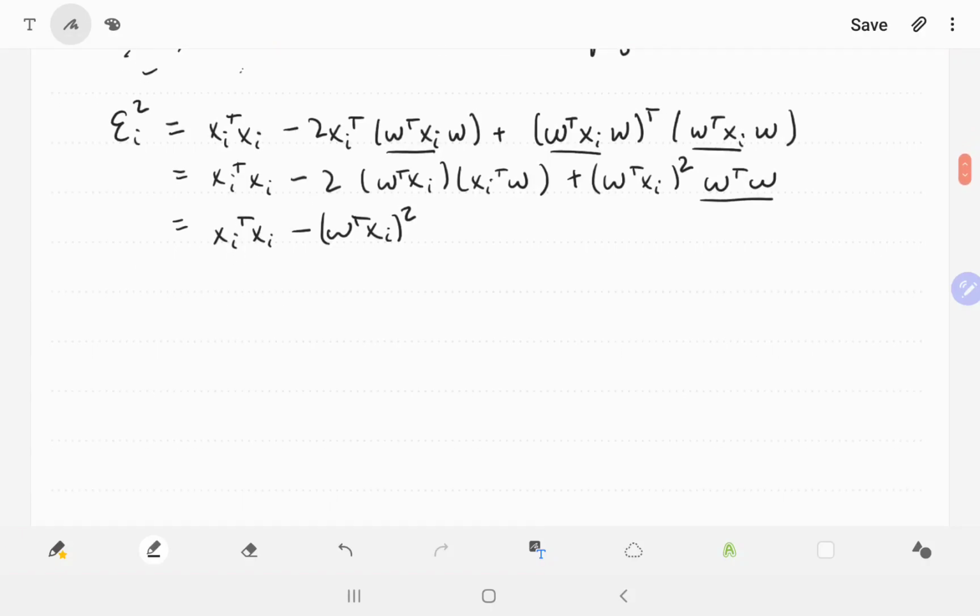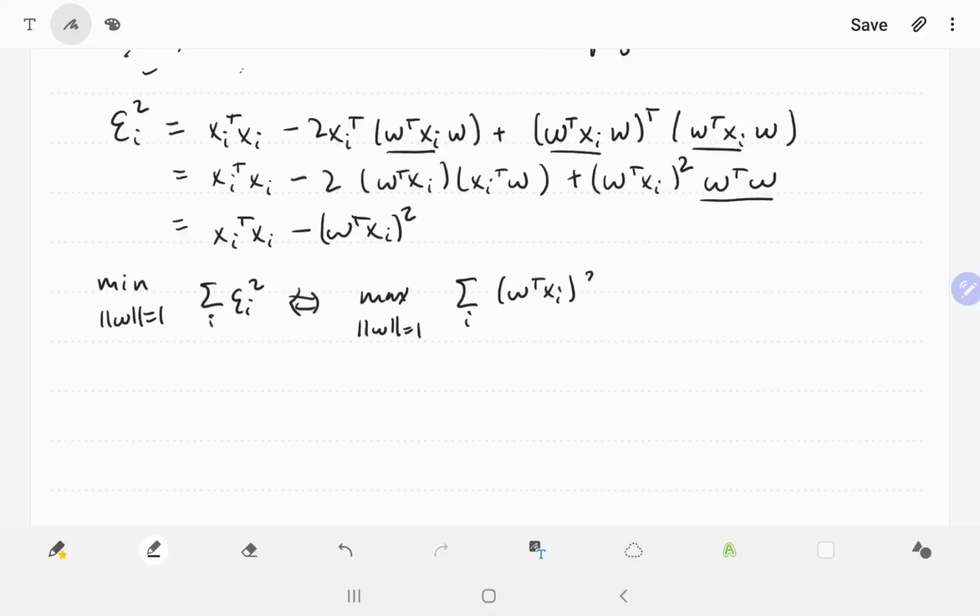We're going to minimize with respect to W, with the norm equaling 1, this sum over i of epsilon i squared. That's how we're going to choose the W, which in turn determines our subspace for PCA. This is equivalent to maximizing, over the norm of W equaling 1, the sum over i of W transpose xi squared.